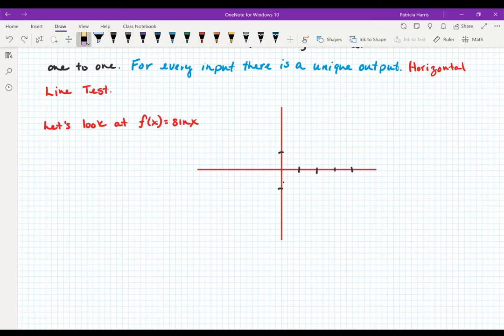What's going to happen is we're going to graph sine, and we're going to see that it doesn't pass that horizontal line test.